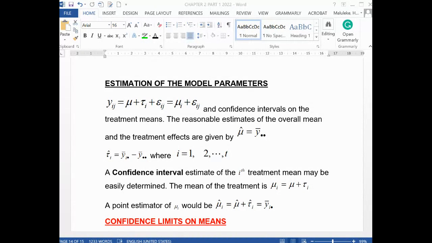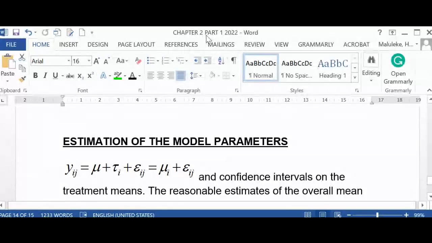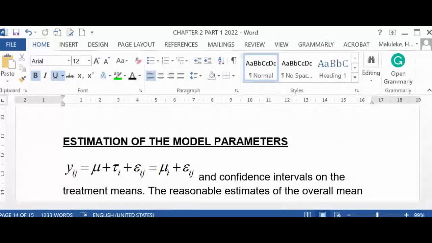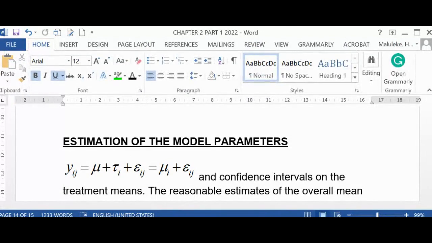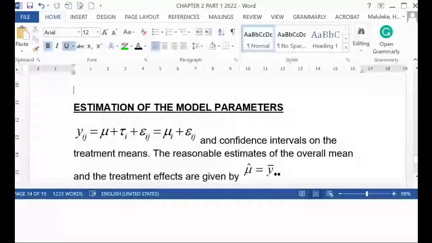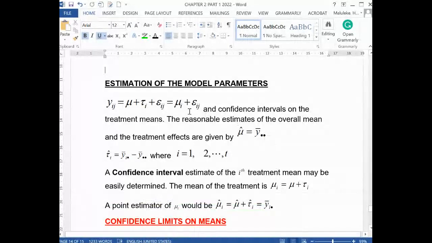So remember this model from the beginning of chapter 2. I explained how to write that model, and now suppose I ask you to estimate the overall mean.